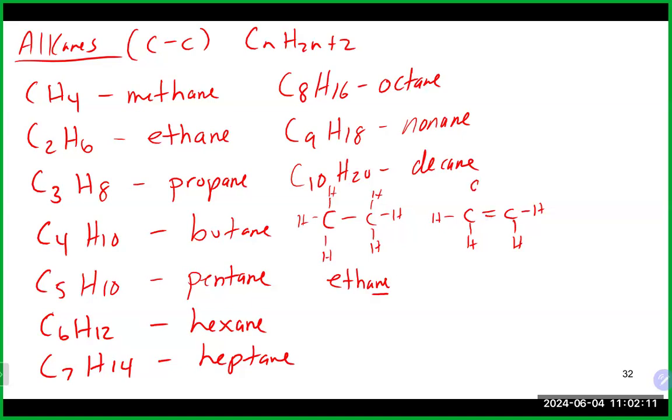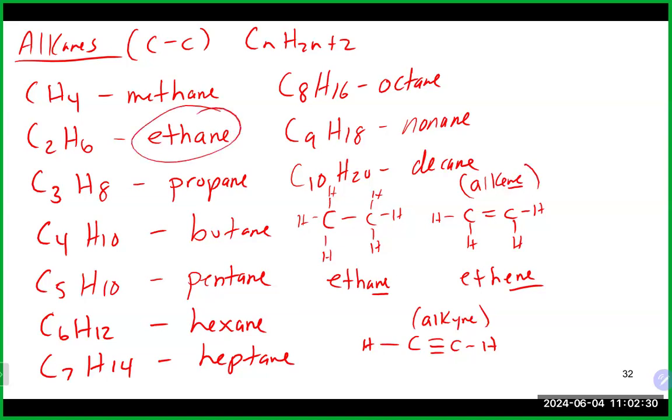So that's an alkene, E-N-E. So this becomes ethene, E-N-E. Also, when we threw our triple bond in there, this is again an alkyne, Y-N-E. And still based off of our two carbons, that then becomes ethyne here, Y-N-E.